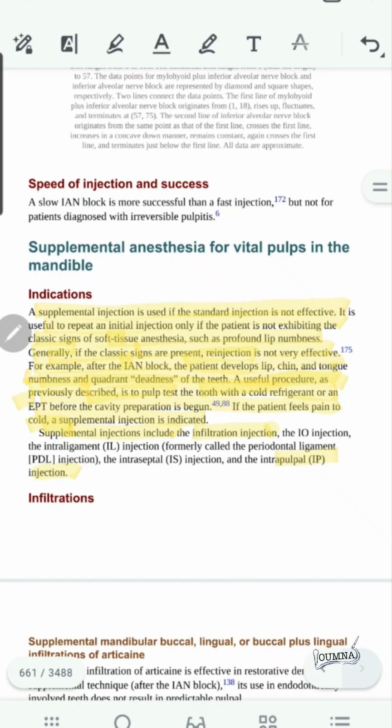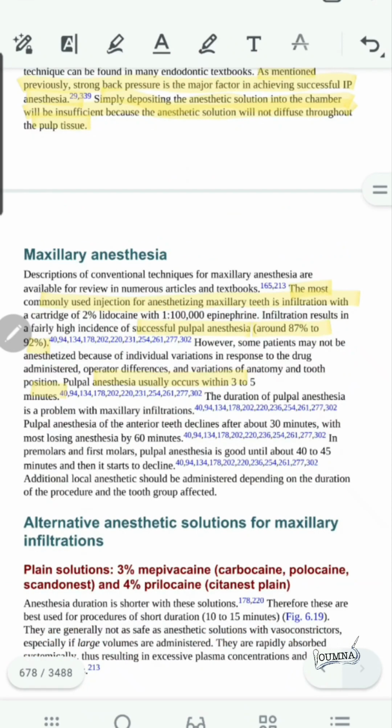Now we give what is called a supplemental anesthesia, that is an infiltration injection in the buccal or the lingual, or an intrapulpal injection directly inside the pulp, and we must feel the pressure of the solution that is penetrating the pulp. This intrapulpal injection lasts for 15 to 20 minutes.